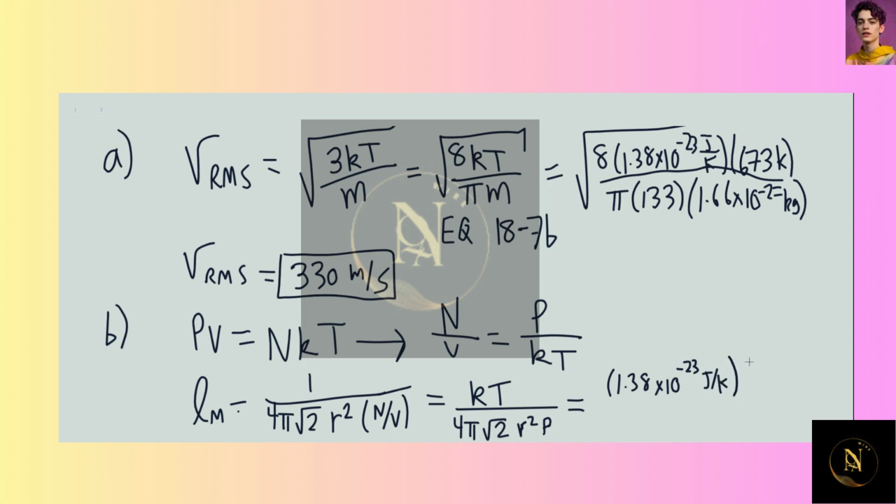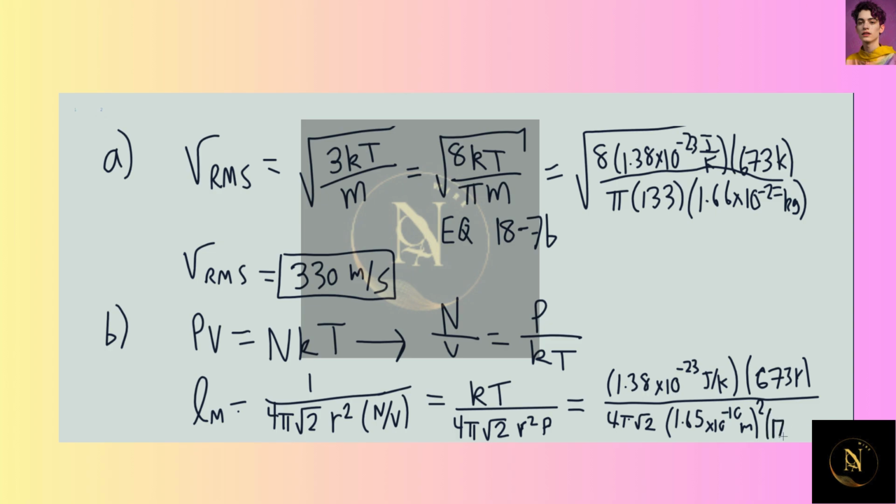Boltzmann's constant and temperature are as usual. Then 4 pi root 2. Remember, the radius is half the diameter. That's a common mistake, because we have to use half. So that's 1.65 times 10 to the negative 10 meters, squared.